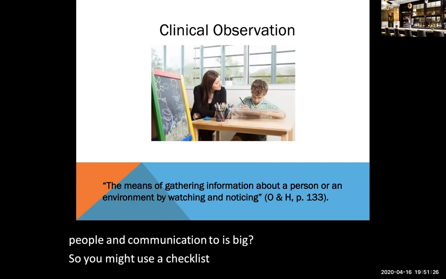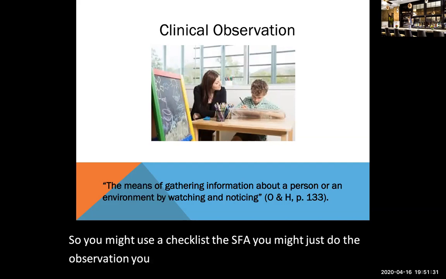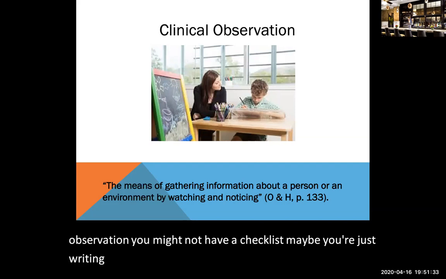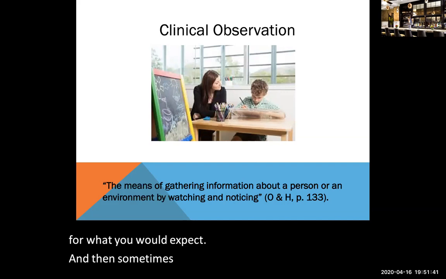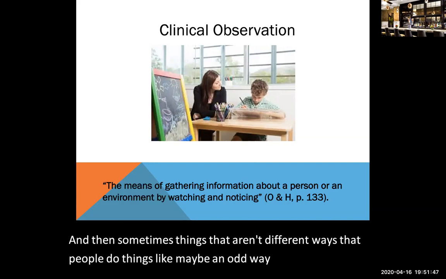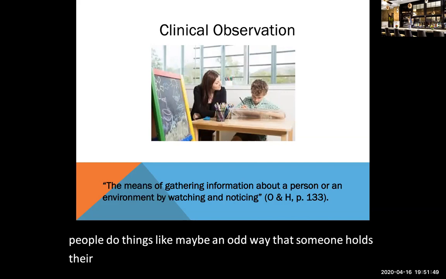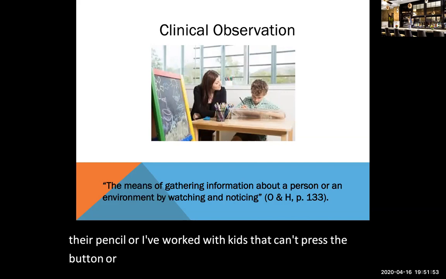So you might use a checklist like the SFA. You might just do the observation. You might not have a checklist. Maybe you're just writing down things that you notice that are pretty standard for what you would expect. And then sometimes things that aren't, like different ways that people do things, like maybe an odd way that someone holds their pencil. Or I've worked with kids that can't press the button or even the bar, the handicap accessible bar on a water fountain.